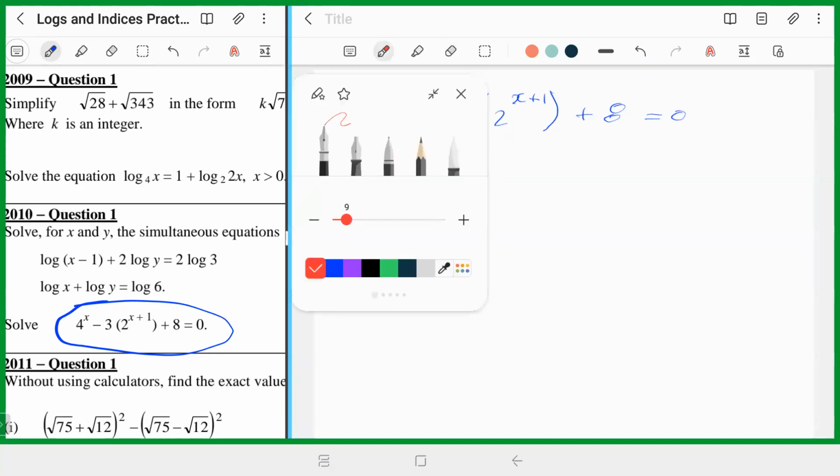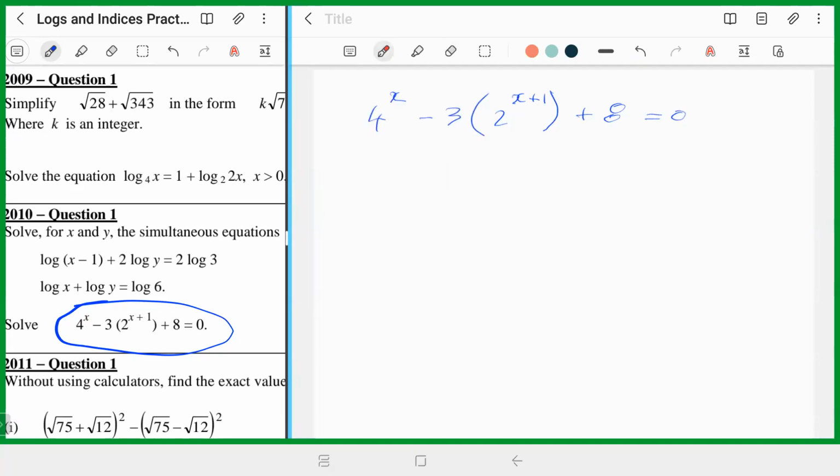Firstly, 4 to the x right there is the same as 2 squared to the x, which is the same as 2 to the x all squared. So I'm going to replace this with 2 to the x all squared.